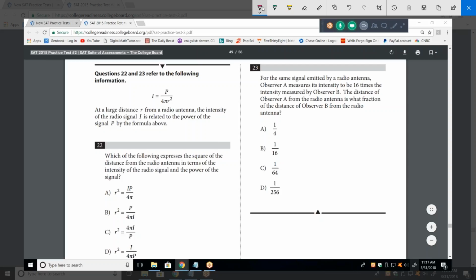You would expect the second question on a problem like this to be harder than the first, but not that much harder. In other words, we just solved for r, right? So r squared equals P over 4 pi I, which means r equals the square root of all that.